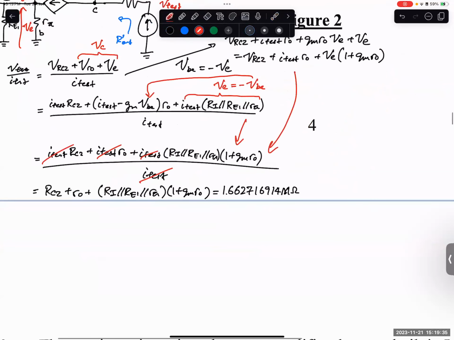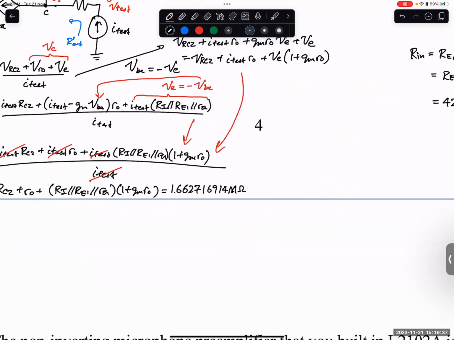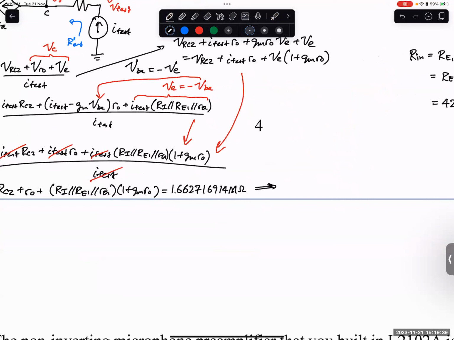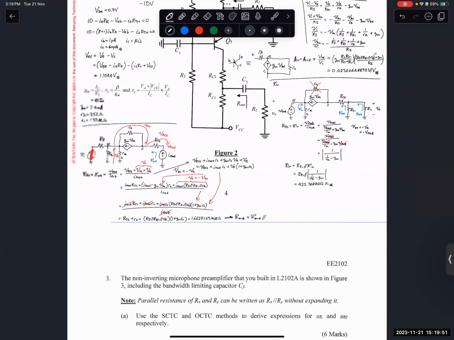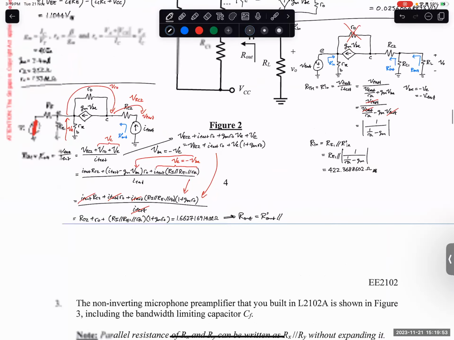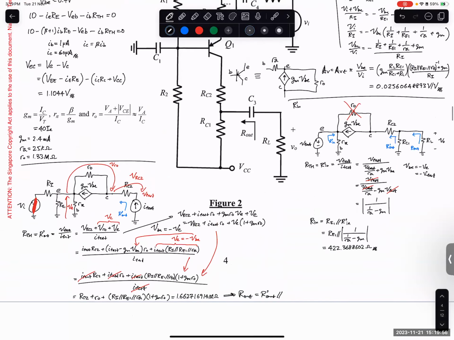And then once I get this value already, I can calculate R out equals R prime out in parallel with what? Not RL. It's RC1.